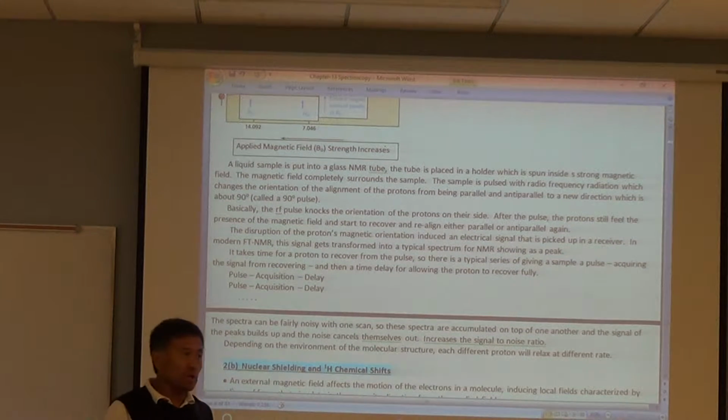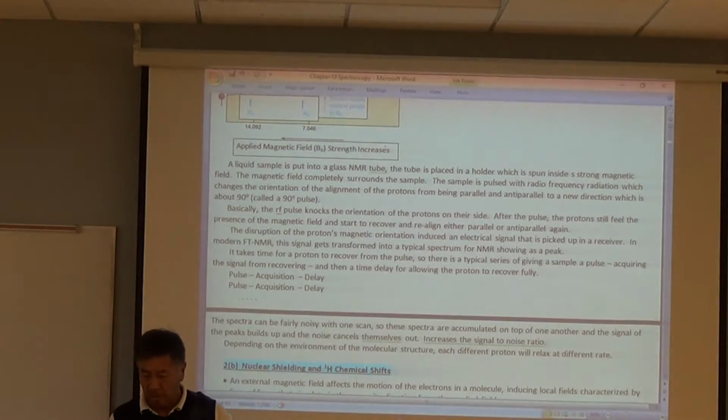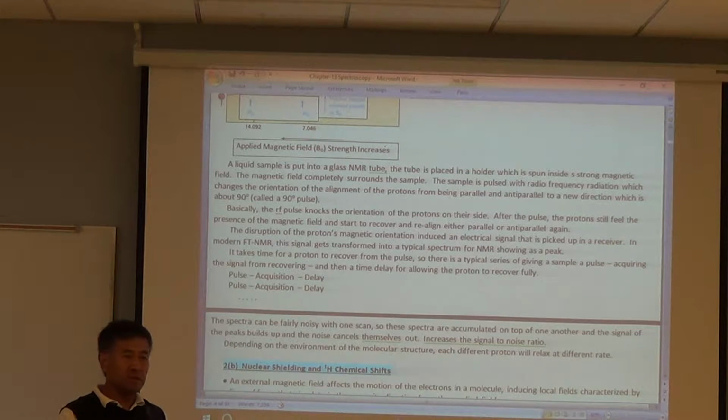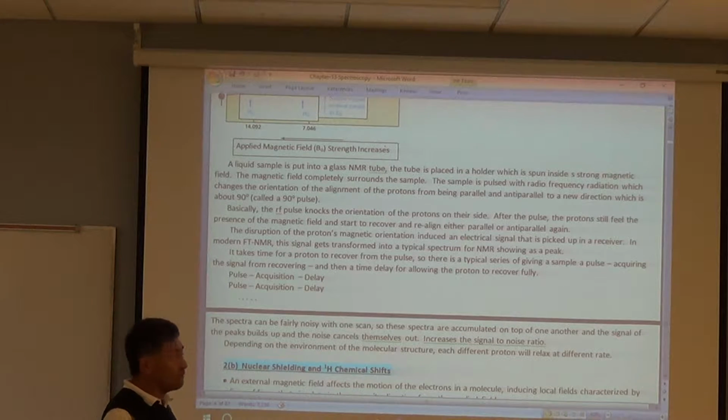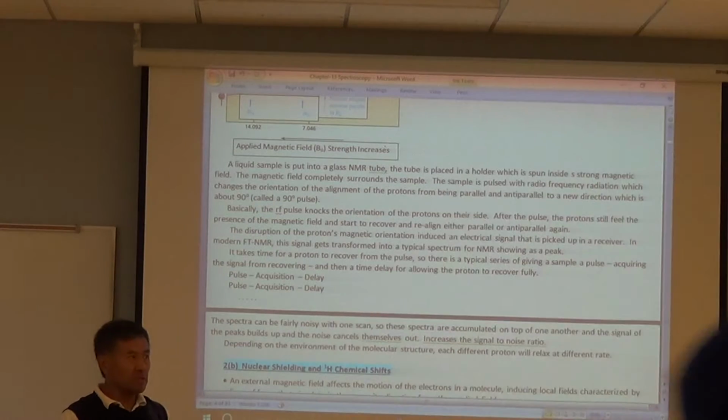For the details of how you get those spectra from the sample, you can read that. You pretty much just put your sample into the machine, and the sample sits in the magnetic field B0, so the two levels are separated.